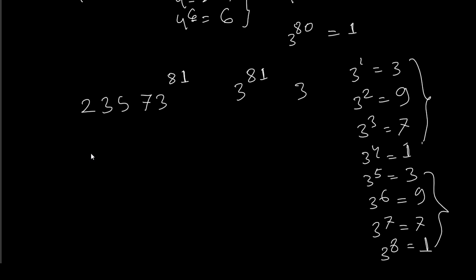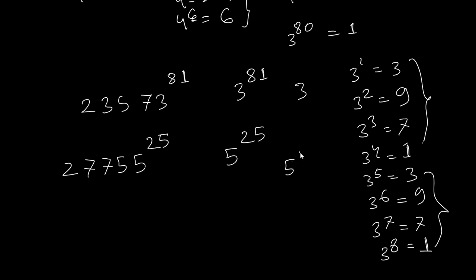A similar problem we can try with 277 with 5 to the power, let's say 25. So here we don't need to calculate the whole number, we just find the last digit of 5 to the power 25.